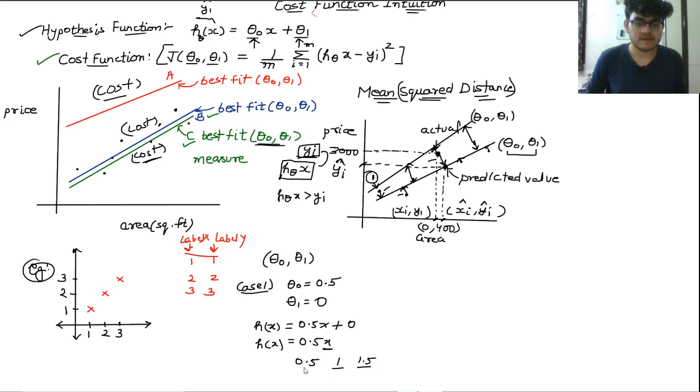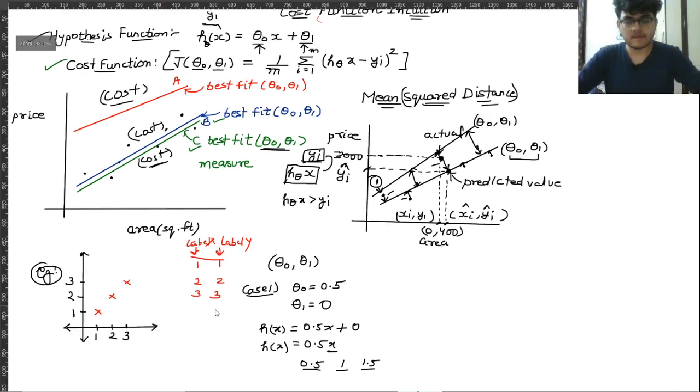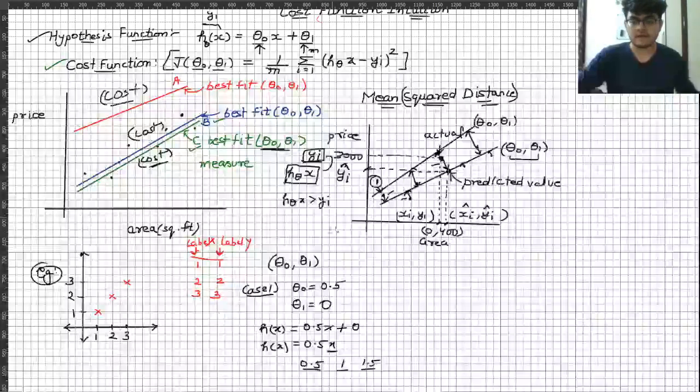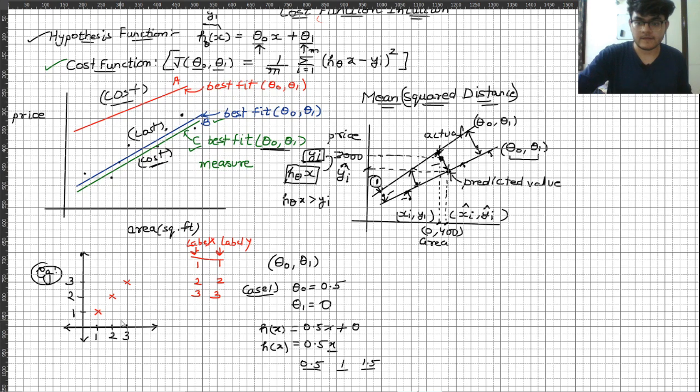So let's plot these points, and then we will be able to get a line. So this is 0.5, this will be 1, and then we have 1.5, so it will be here. Now I'm going to draw a line which will pass through all these points, right?